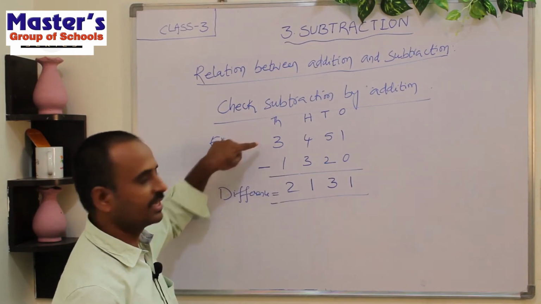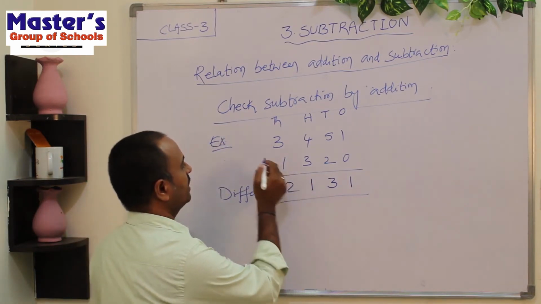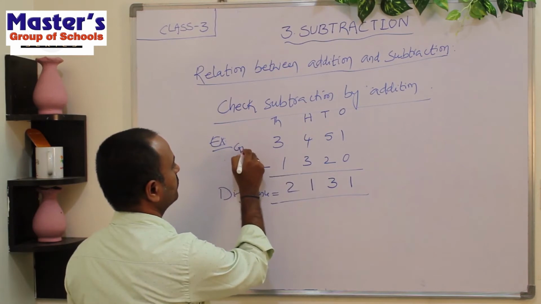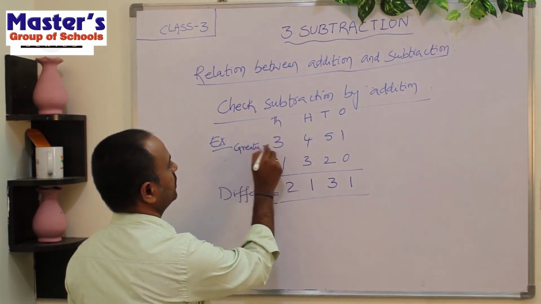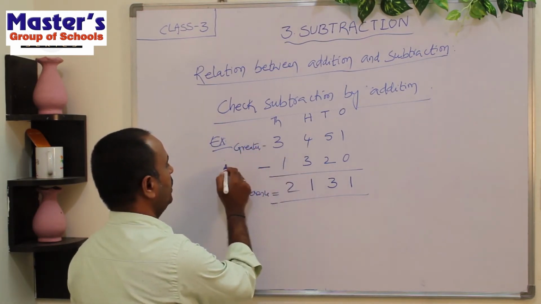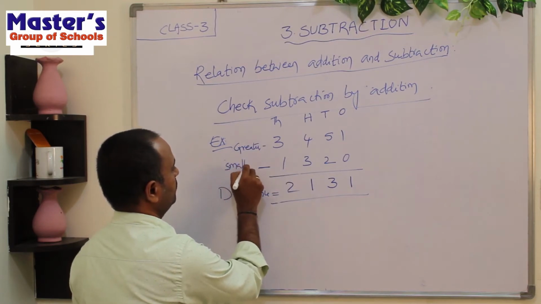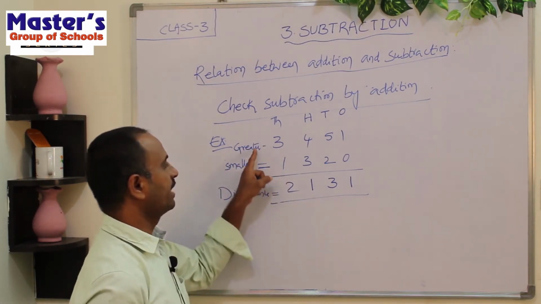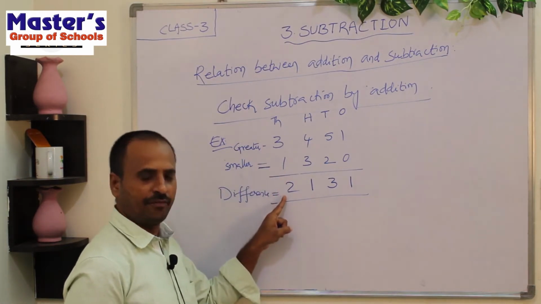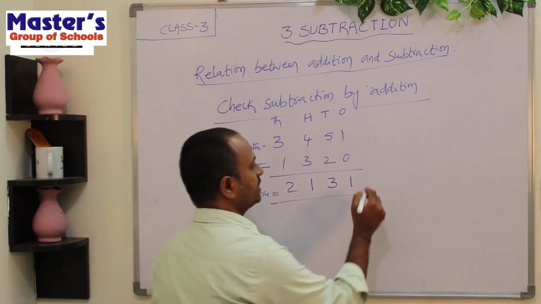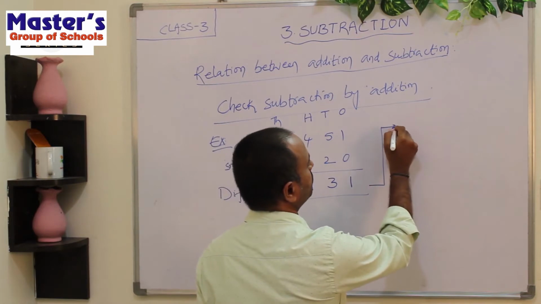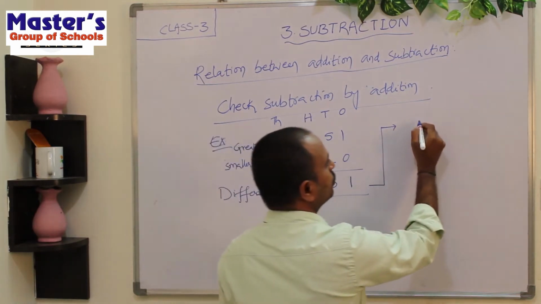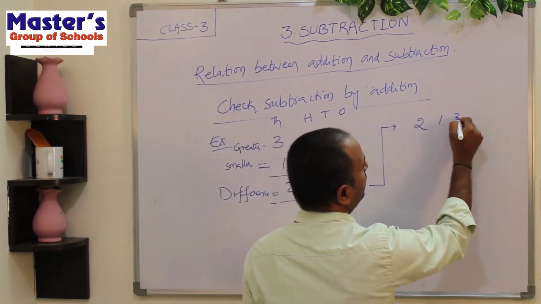Here the first number is the greater number, and this number is the smaller number. Now add the greater number to the difference. So write the difference first. What is the difference? 2131.